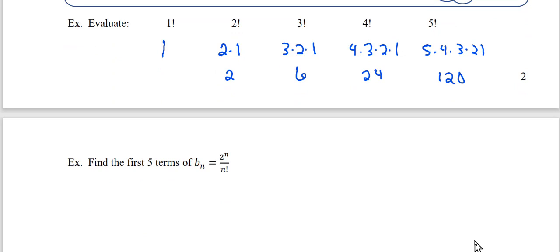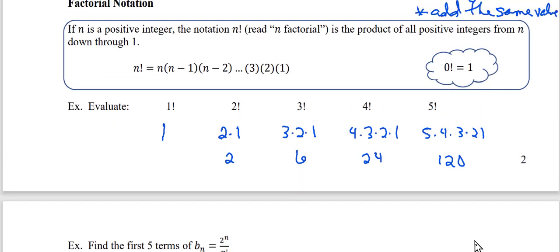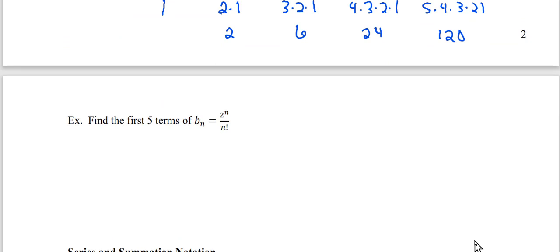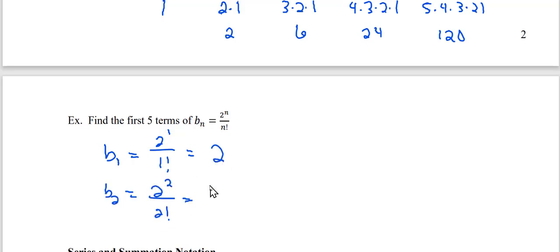That is something that commonly shows up in sequences, so that's why we're talking about factorial notation here, like this one. Find the first 5 terms of this. B1, 2 to the first over 1 factorial, is 2. B2 would be 2 squared over 2 factorial, which is 4 over 2, or 2.